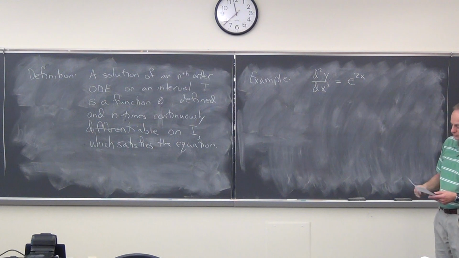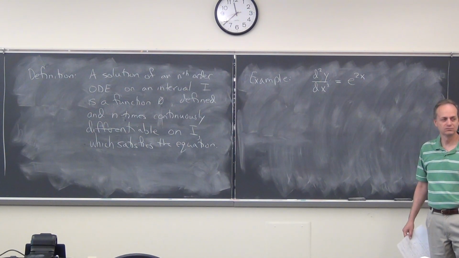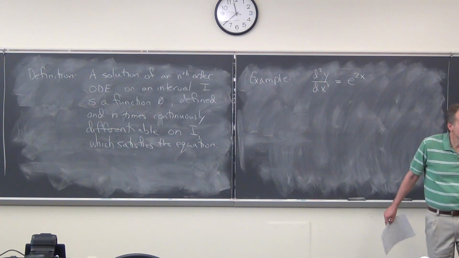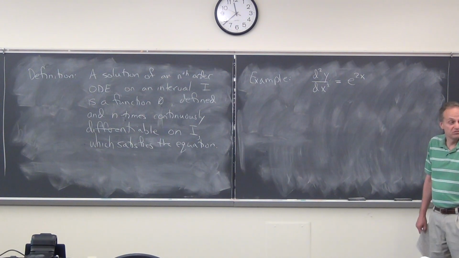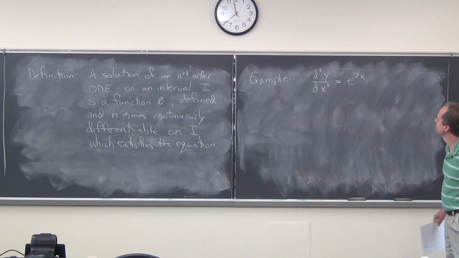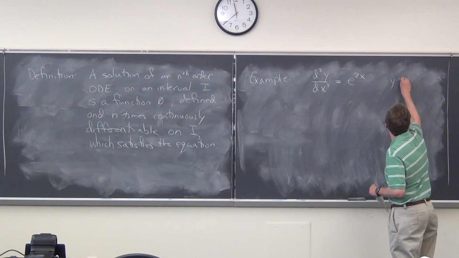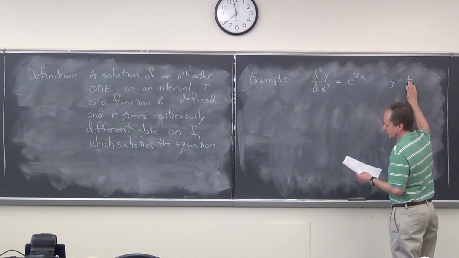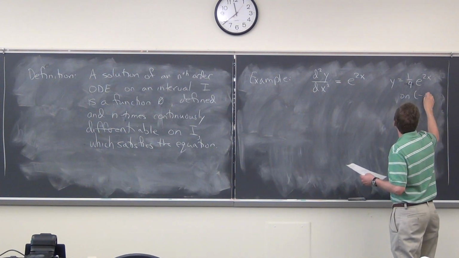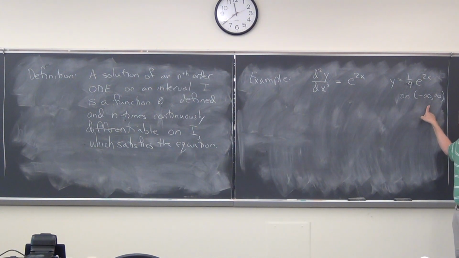So here's a differential equation. Let's classify it. Order is obvious. Second order. Obviously an ODE. Linear? Non-linear? Linear? Yeah, it's linear. And I'm just going to claim that that function is a solution on this interval.